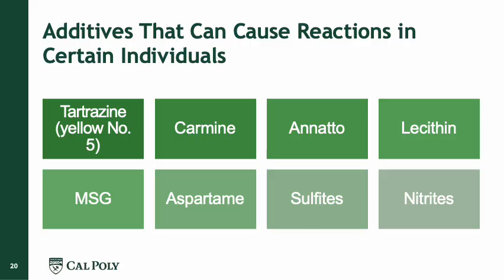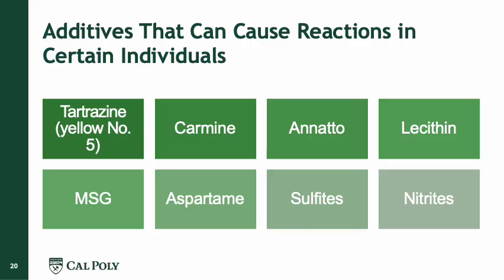There are additives that can cause reactions in certain individuals, so we can also say that they have a sensitivity. Some of these examples are tartrazine, yellow number 5, which is a color additive, carmine, also a color additive, annatto also, lecithin, which is an emulsifier, MSG, a flavor enhancer, aspartame, which is an artificial sweetener, and we already talked about it, and sulfites and nitrates, which are additives mainly used as antioxidants or antimicrobials.